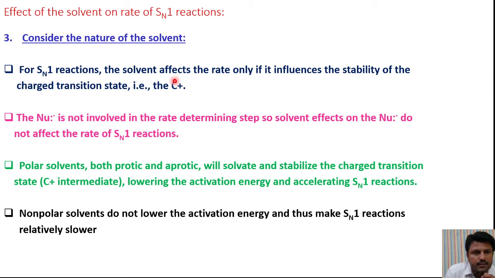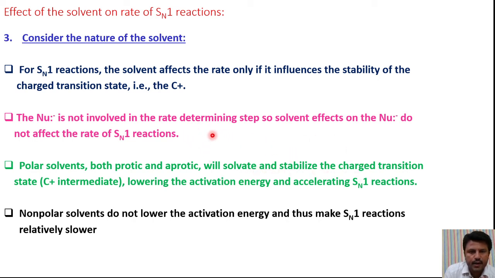Consider the nature of the solvent. Since in the rate determining step only one reactant molecule, the alkyl halide, is present, and the first step is carbocation formation, the solvent which stabilizes the carbocation influences the rate of reaction. Generally the carbocation has a positive charge, so any polar solvent, protic or aprotic, will solvate and stabilize the carbocation.